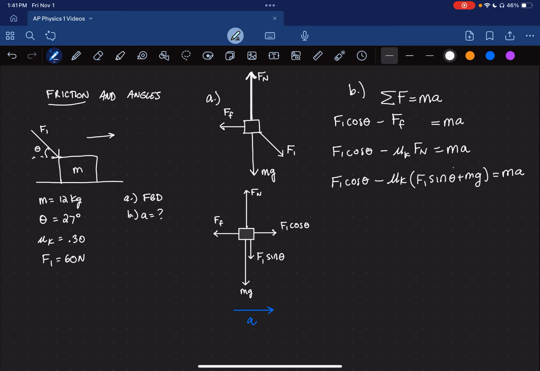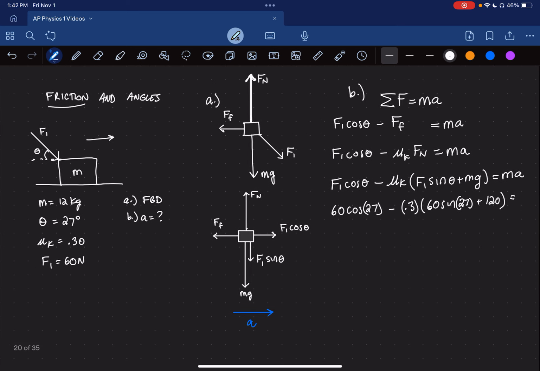Cool. You could distribute this. I think I'm just going to substitute numbers in here. So we have 60 cosine of 27 degrees minus mu sub k, which is 0.3, times 60 sine 27 degrees plus mg, which is 120, equals 12a.